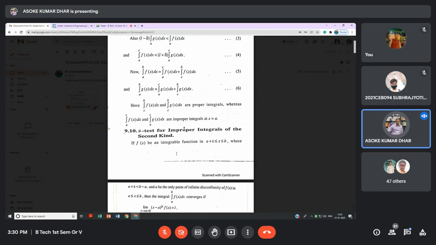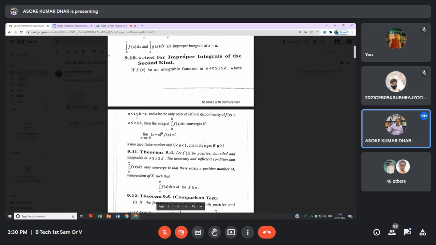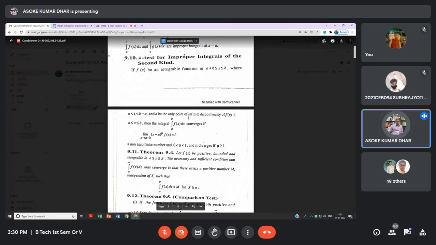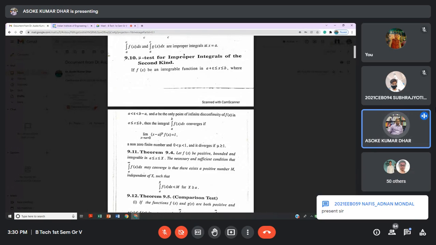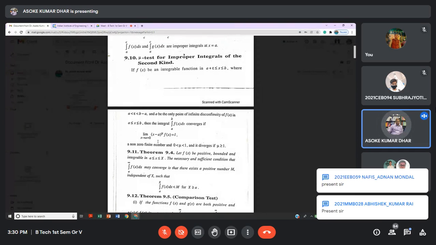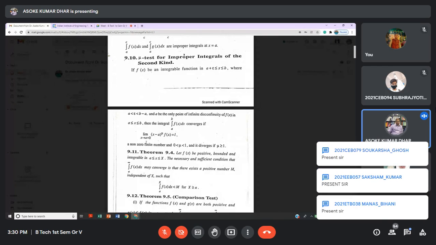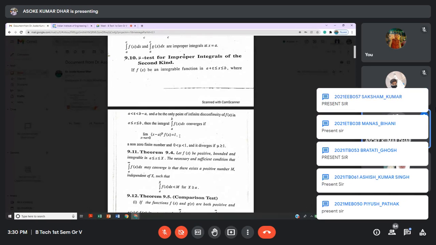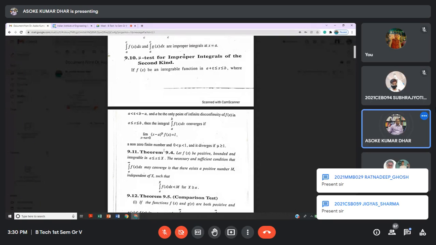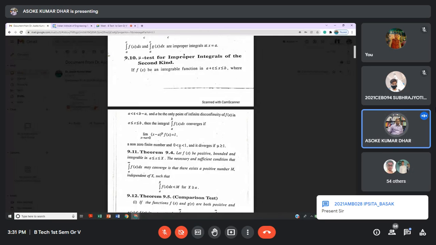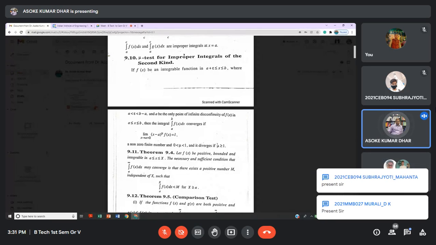If f(x) is an integrable function in the range a plus epsilon to b, where epsilon is a positive number greater than 0 and less than b minus a, and a is the only point of discontinuity, then the integral from a to b of f(x) converges provided the limit of (x minus a) to the power mu times f(x) as x tends to a plus 0, since a is the lower limit, is equal to L, a non-zero finite number, and mu lies between 0 and 1. It diverges if mu is greater than or equal to 1.